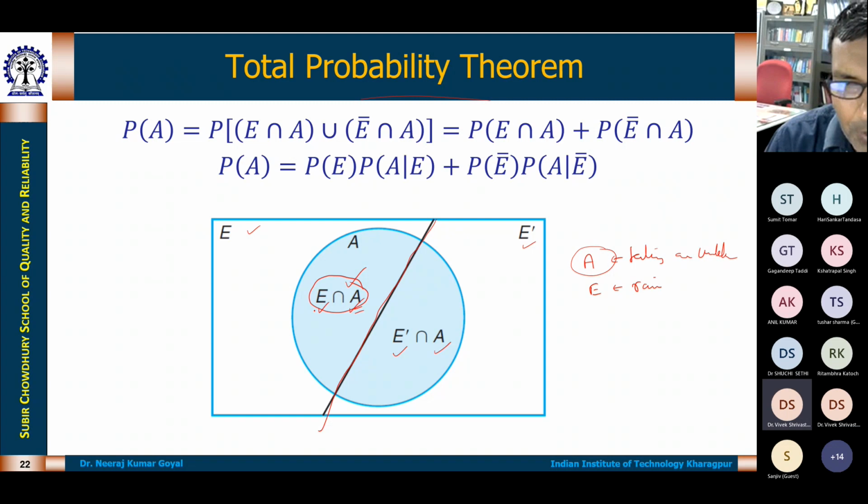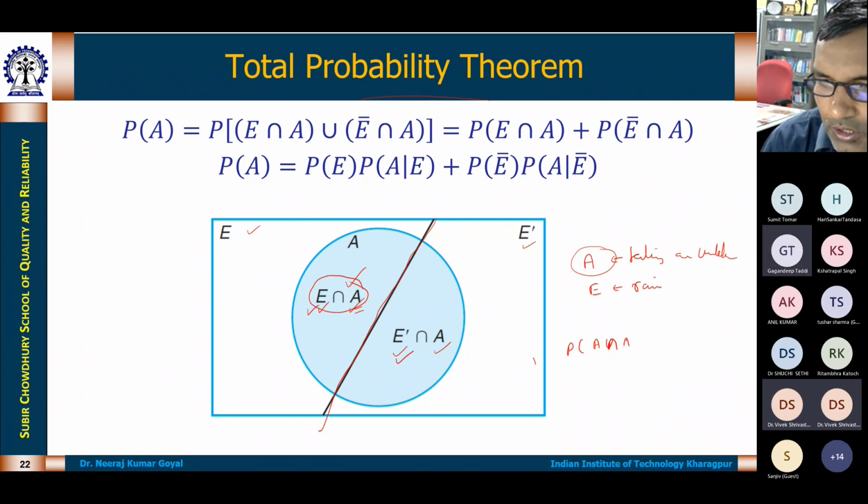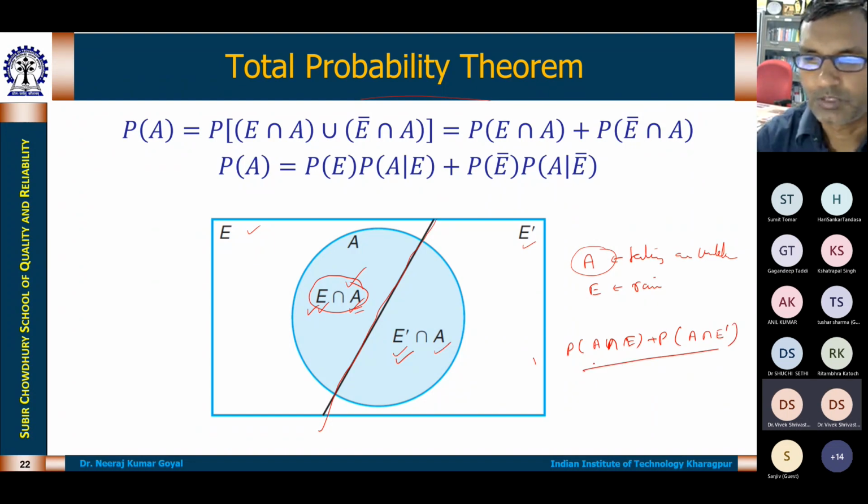It is the probability of this plus the probability of this: probability of umbrella when there is rain, E, plus probability of umbrella when there is no rain. And this will give me the probability of A.